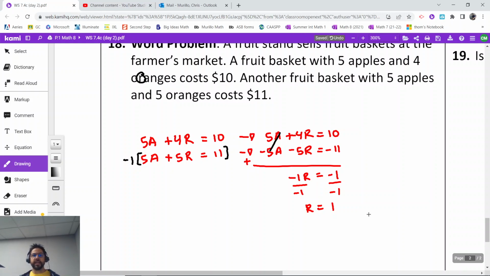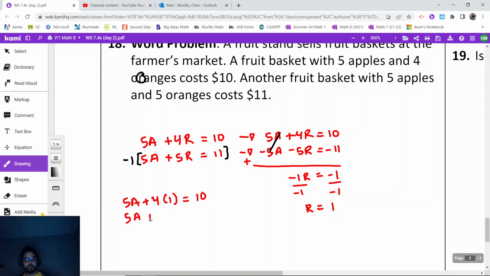So what is the cost of an apple going to be? Now remember, both equations are pretty much the same thing. I'm going to go ahead and take the top one there. I'm going to say 5A plus 4, well, R is 1, equals 10. So it means 5A plus 4 equals 10.